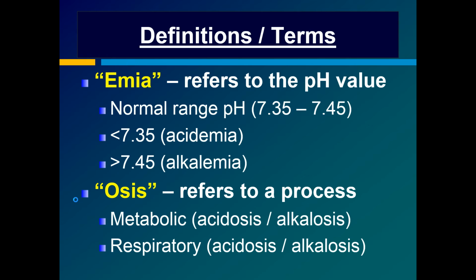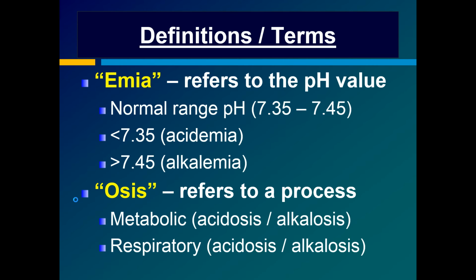Now, when we refer to a particular process, that's where we use the term osis, for example metabolic acidosis or alkalosis, or respiratory acidosis or alkalosis. So the osis really refers to a particular process. It doesn't necessarily tell you whether the pH will be acidemic or alkalemic, but it tells you that there is a particular underlying process.